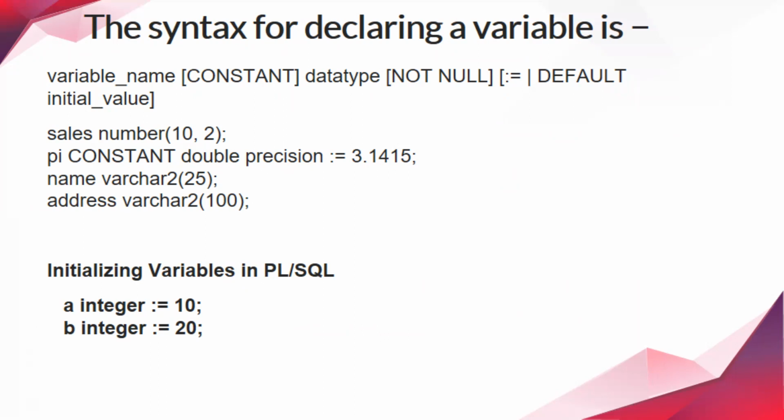A is the variable name, integer is the data type, and 10 is the value for your variable a. Similarly, b is a variable, integer is the data type, and 20 is the value for your b variable. This is how you have to initialize your variables in PL/SQL.